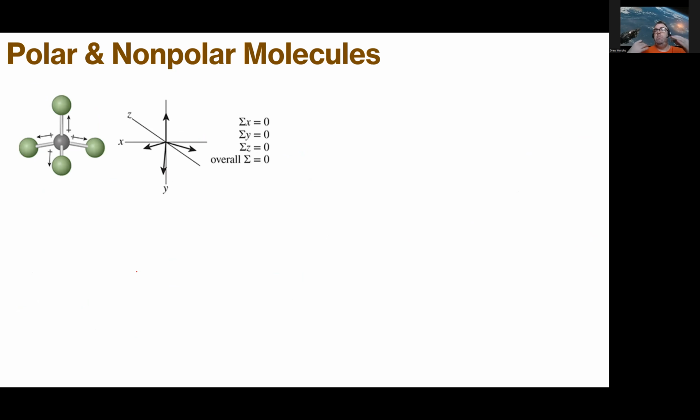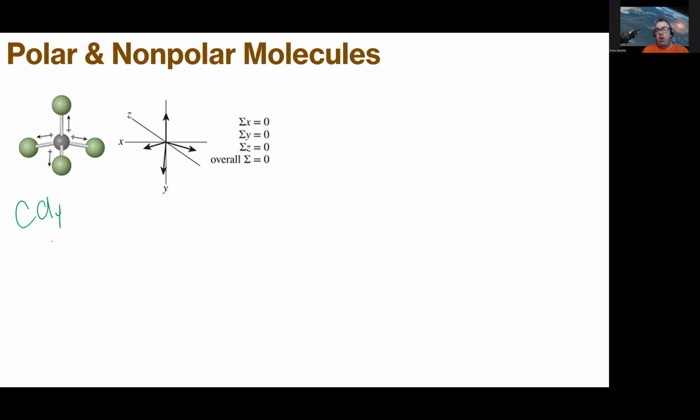Okay, let's look at this guy. It's the same idea. This is CCl4, carbon tetrachloride. Again, all 4 bonds are equal. This is 4 bonds now, so this is tetrahedral, so it looks a little bit wackier, but it's the same idea. They're all pulling equal and opposite of each other.